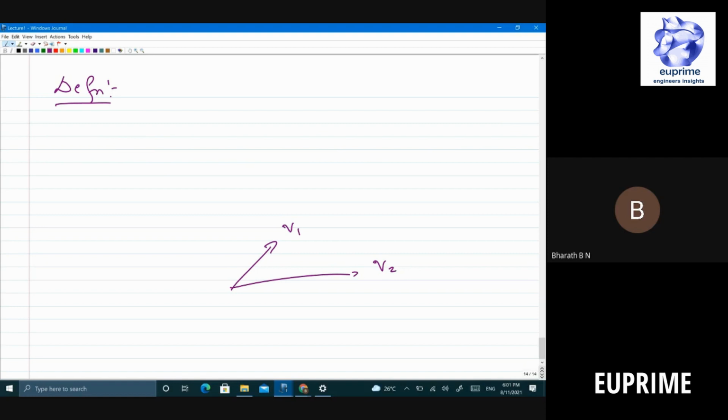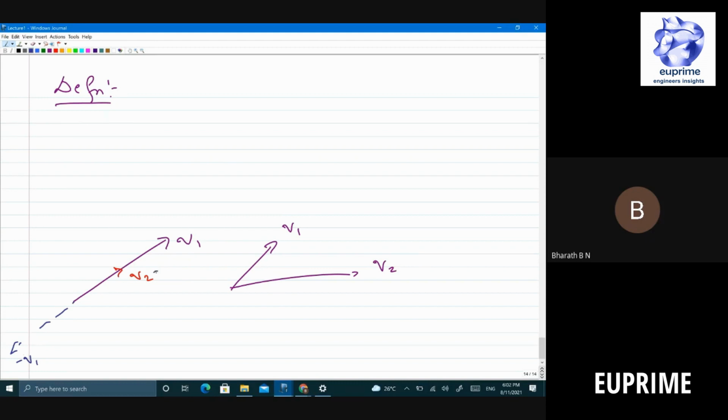Whereas, for example, if v1 is this, and let's say v2 is this, now I can take a linear combination of the two to get 0. Take for example minus v1, that will be this direction. So I have to add v1 to it.